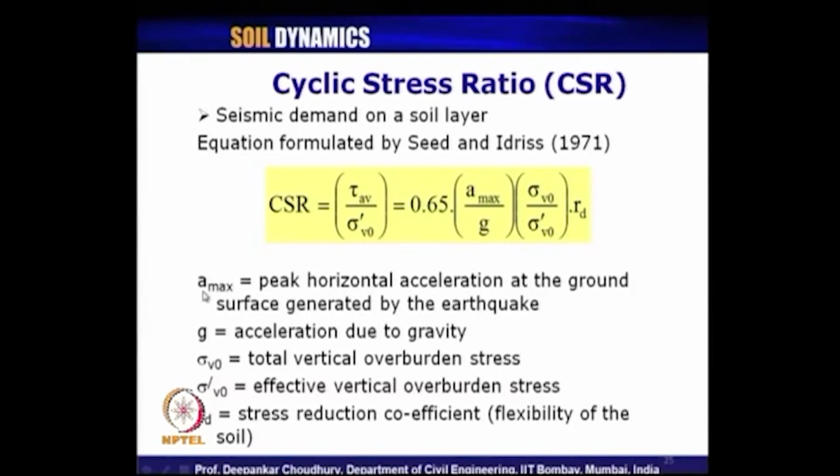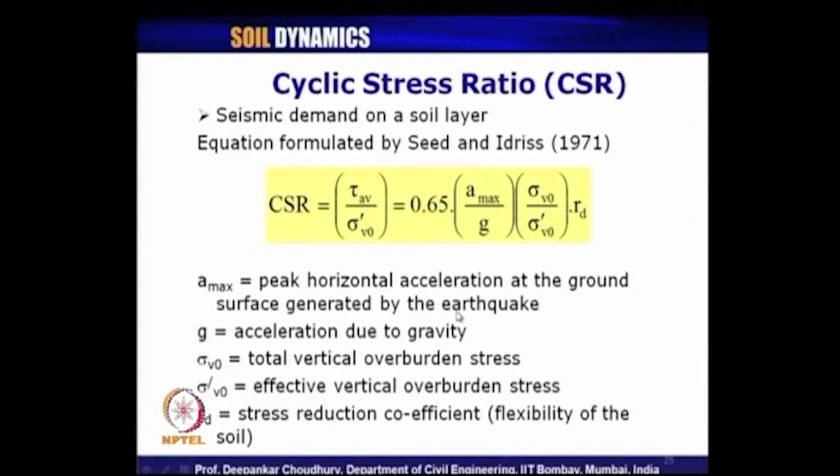Let me explain. A max refers to the peak horizontal acceleration at the ground surface generated by the earthquake. This is what we call PGA, but in case of horizontal acceleration it is actually PHA, peak horizontal acceleration. So, it is the maximum value of acceleration at the ground surface generated by a particular earthquake.